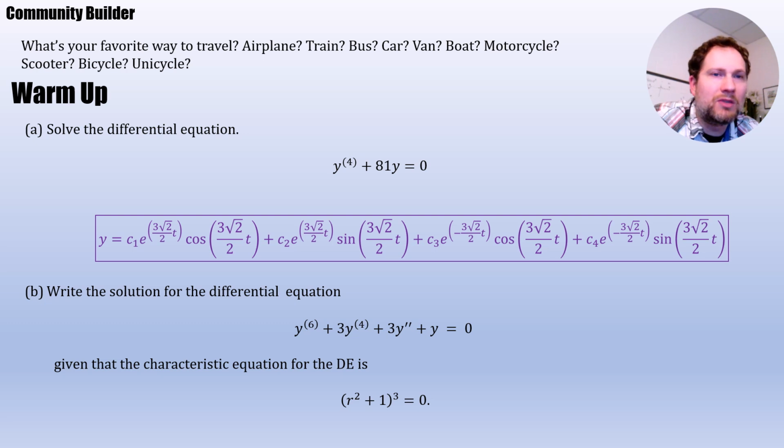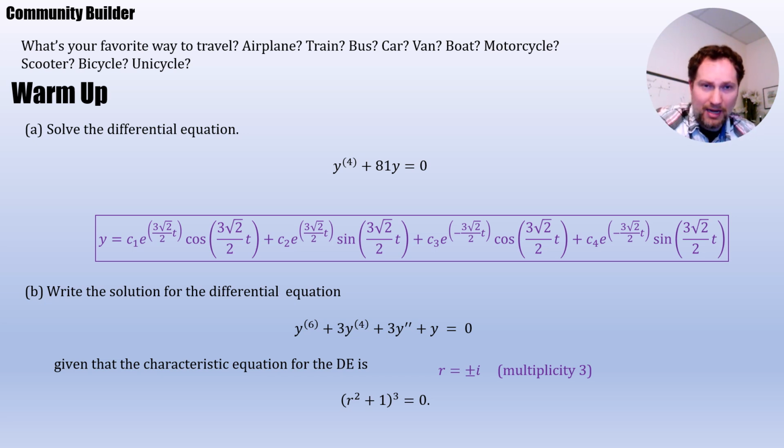Similarly, the next one I'm just going to show the solution for, but I've already helped out by saying that the characteristic equation does factor in that way, r squared plus 1 cubed. So it has the roots plus or minus i, but each of those has a multiplicity of 3 because of that third power.